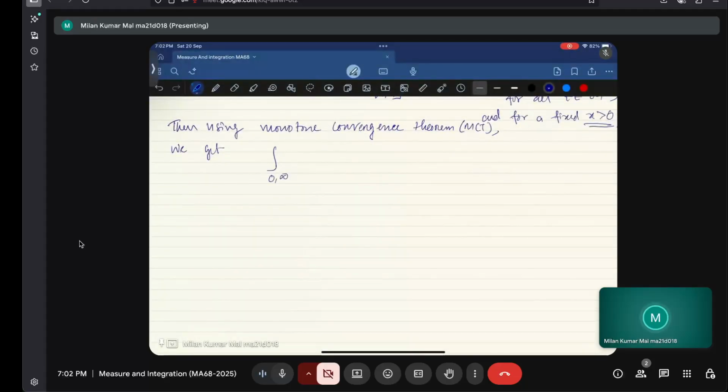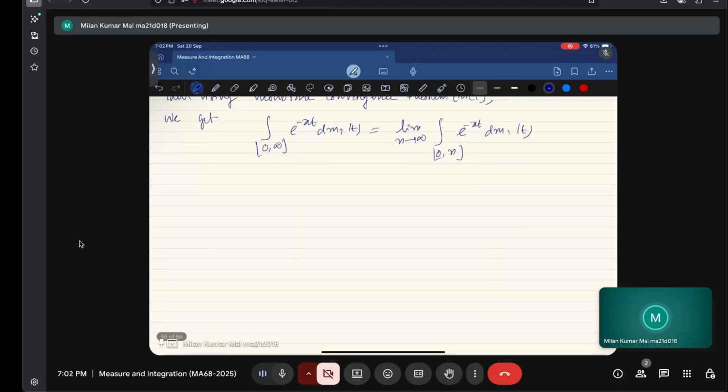integration 0 to infinity e to the power minus xt dm1t can be written as limit n tends to infinity integration 0 to n e to the power minus xt dm1t. But this integrand remains integrable.